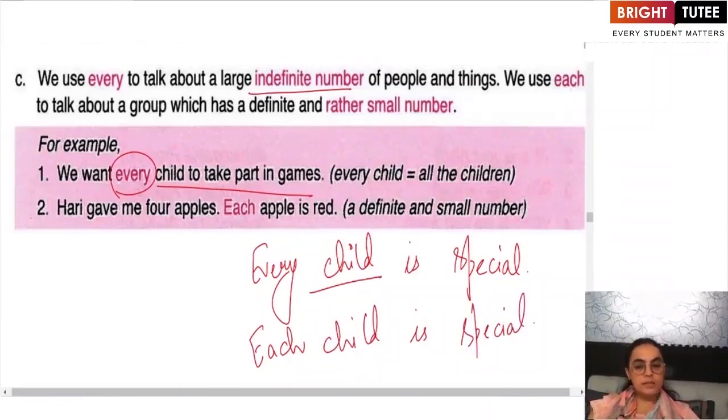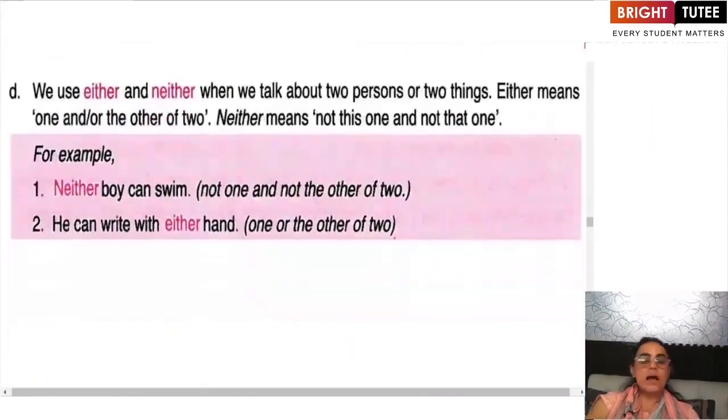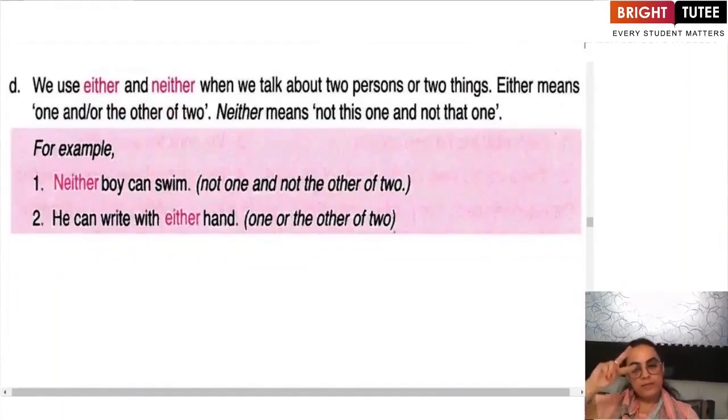It comes to your mind that you're talking about each of the children individually, independently, or in small numbers. So every is used to talk about something which is indefinite, which is huge, and each is used to talk about small numbers.